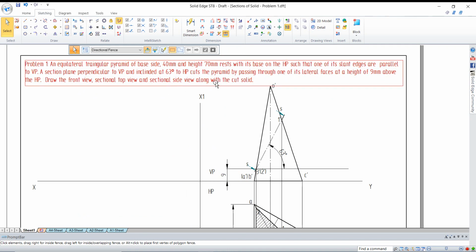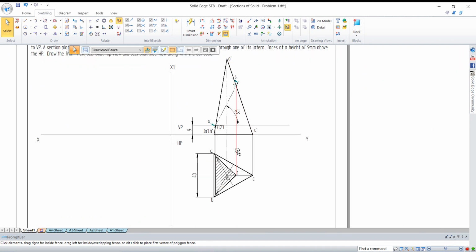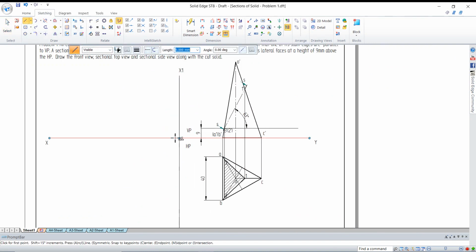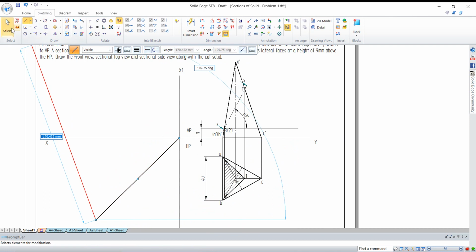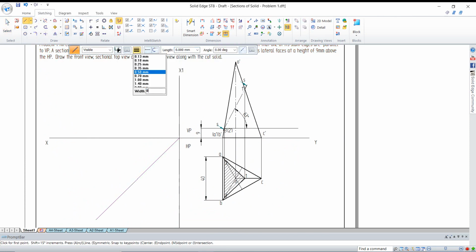In a question, again, you can look: draw the front view, sectional top view and sectional side view. So the front view is done, and the sectional top view is done. Now you have to draw the side view. To draw the side view, I can draw a 45-degree line here, any line at an angle of 45 degrees, a little bit large, with thickness 0.15.